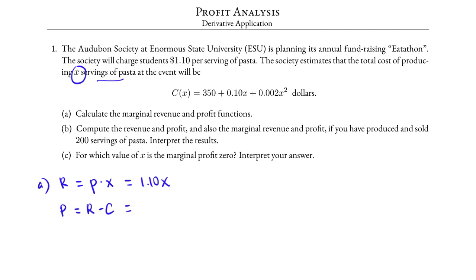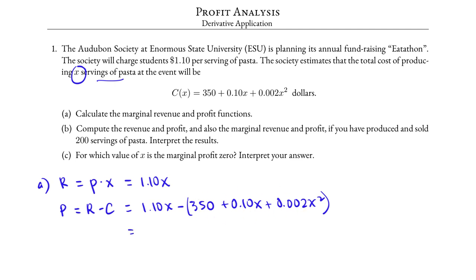The revenue function is 1.10x that we just found minus the cost, which is 350 plus 0.10x plus 0.002x squared, altogether in the parentheses because we want to subtract the entire cost.